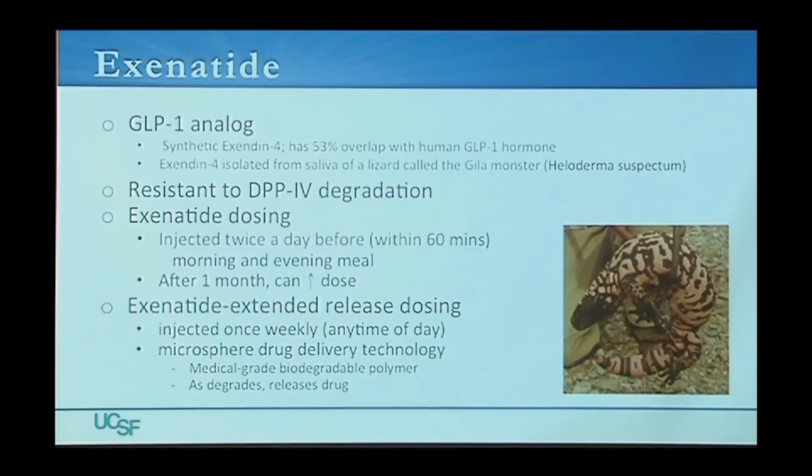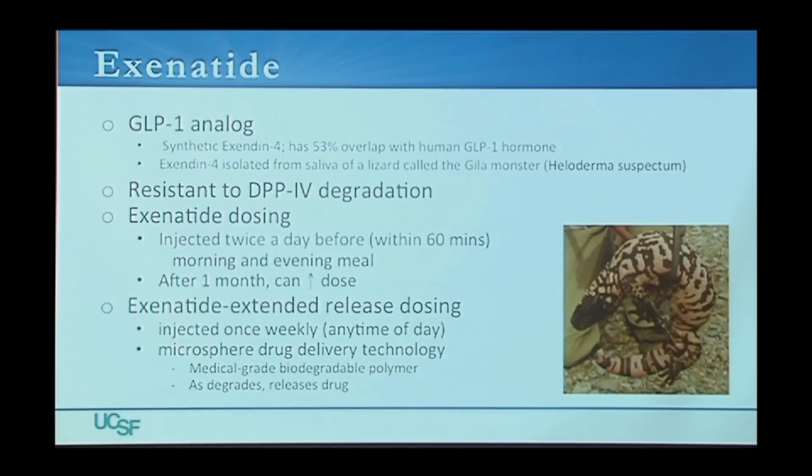They found that this hormone, this protein from the lizard, very much is similar to our human GLP-1 hormone that I've just been telling you all about. And so that's how they developed this medication for type 2 diabetes.